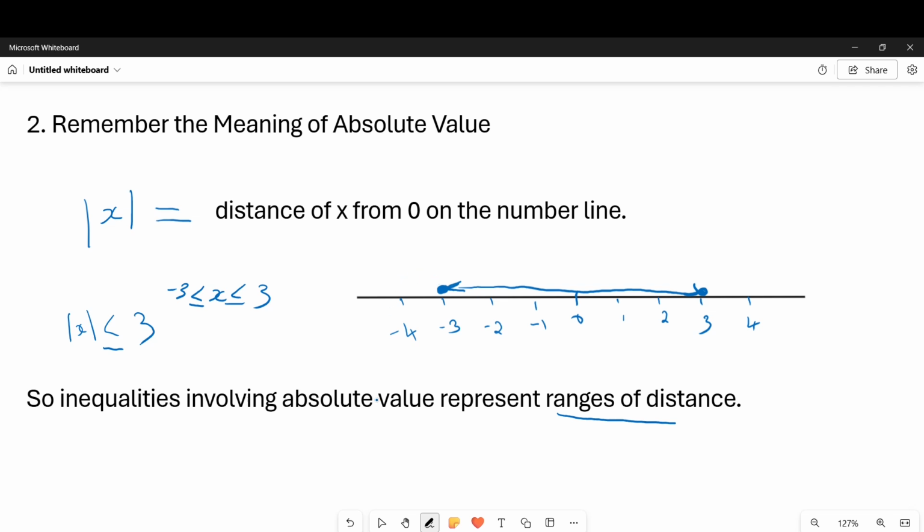But outside this range we cannot give values to x, because if we go outside this range, the distance from 0 is greater than 3. That's what this inequality means: the distance from 0 to the value of x should be less than or equal to 3. That's what we mean by an absolute value inequality.